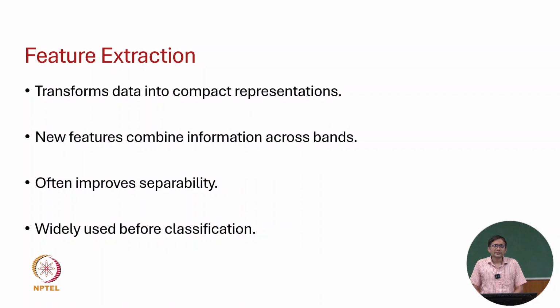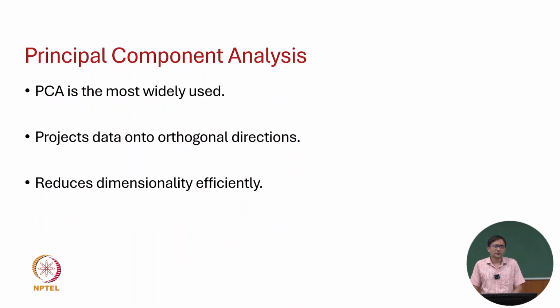It's often widely used with the classification paradigm. In this kind of approach, often principal component analysis is used. This projects data into orthogonal directions and reduces dimensionality quite efficiently.